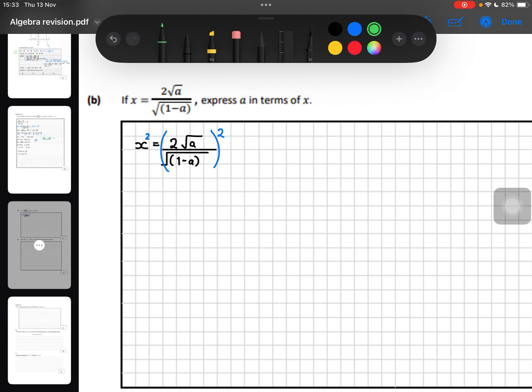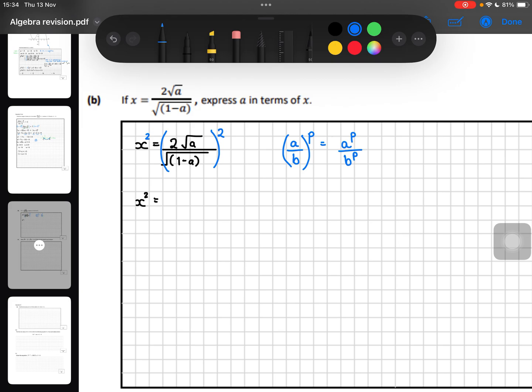So that means x squared is, and the squared part is going to act on both the top and bottom of the fraction. Remember, in your log tables, if you have a over b to the power of p, remember to use your log tables for this, it's a to the power of p over b to the power of p.